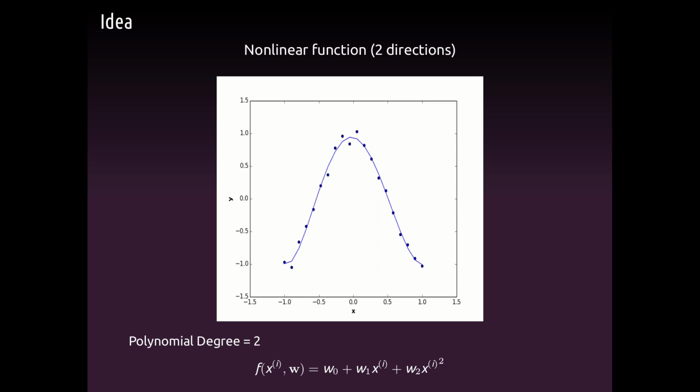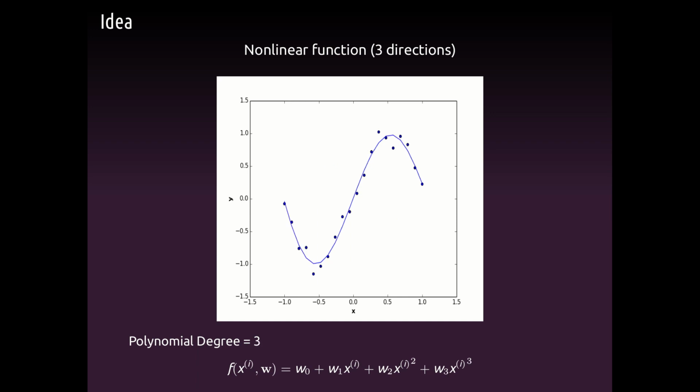If we move to the mathematical definition of the nonlinear function of the second polynomial degree, we'll notice that we add another term of x to the power of 2, and this means that this function is a nonlinear function of the second polynomial degree. The same case with the polynomial function of the third degree.